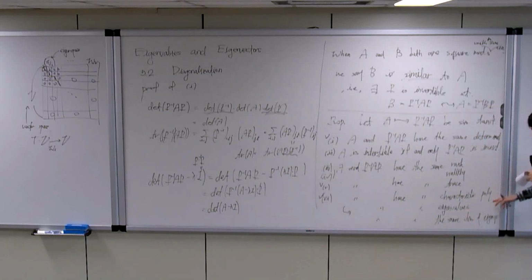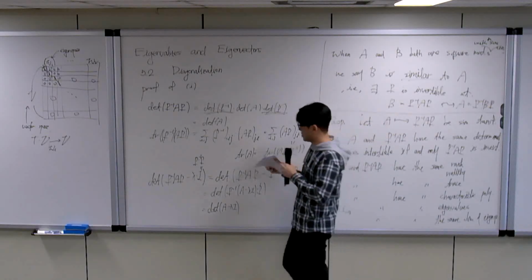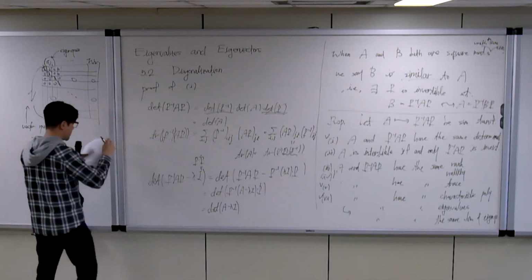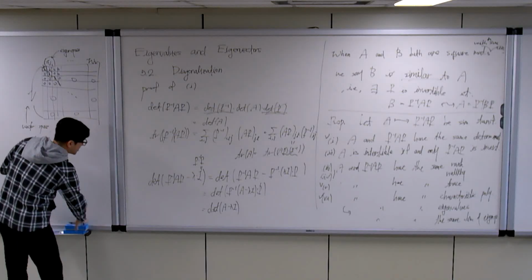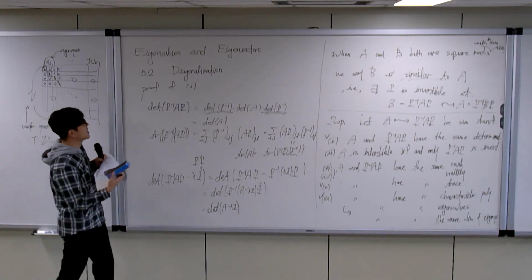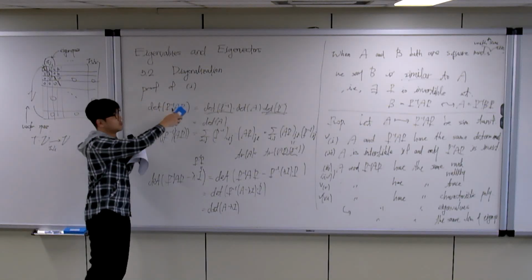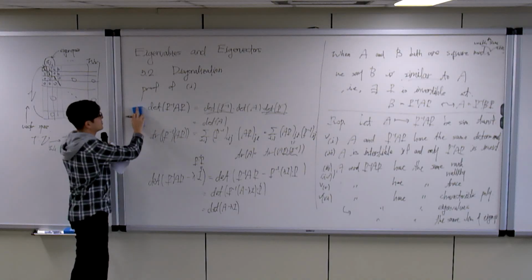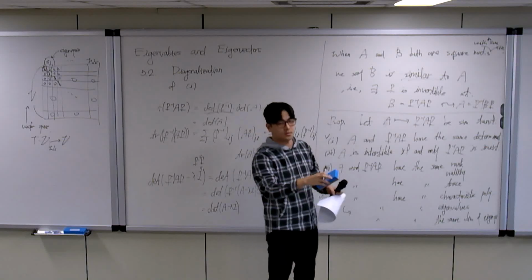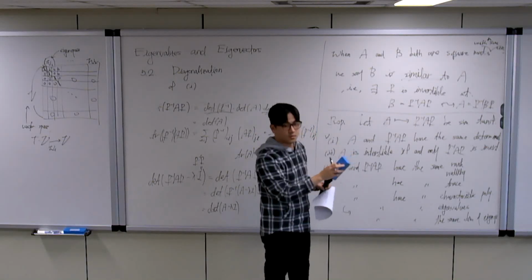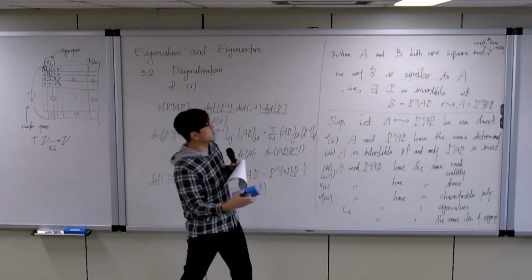The matrix P inverse BP is always similar to B because of the definition of similar. So if you want to find other similar matrices, you can choose any invertible matrix.